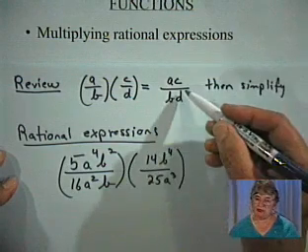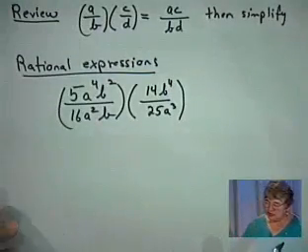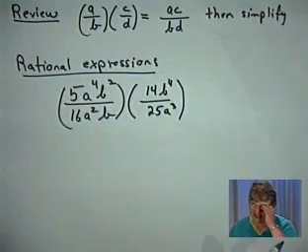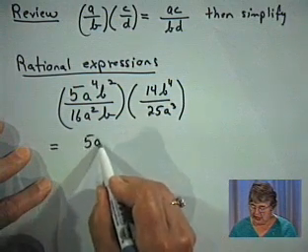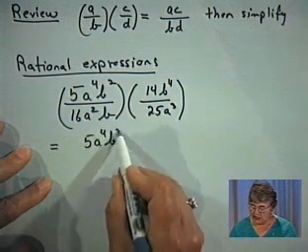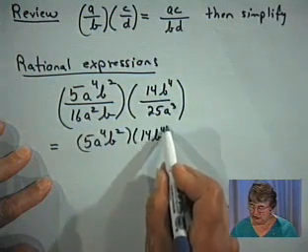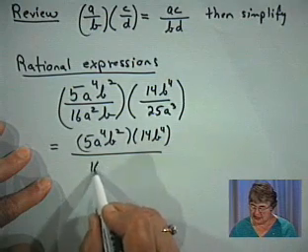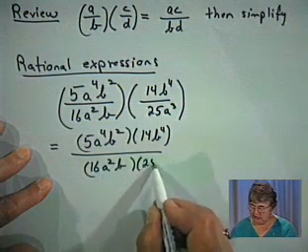We'll follow the same rules that we use for rational numbers. We'll multiply numerators, multiply denominators, and then try to simplify. So this is going to be equal to 5a to the fourth b squared times 14b to the fourth divided by 16a squared b times 25a cubed.